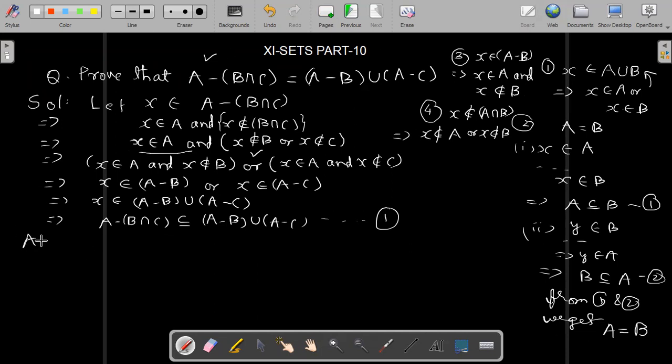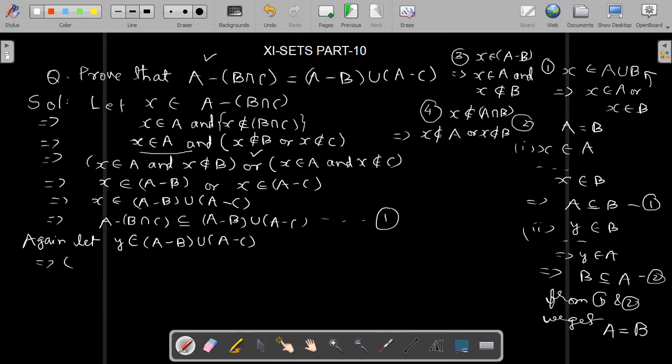So again, let there be an arbitrary element y which belongs to (A minus B) union (A minus C). Actually all steps will be reversed; if you see the reverse steps you can write. First you will write A minus B and union, everything you can write in this step.